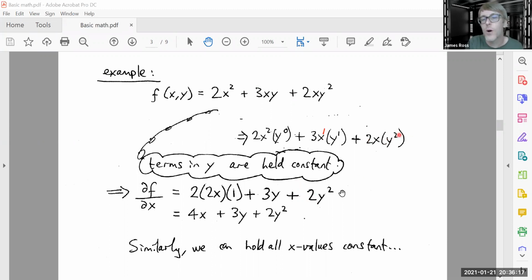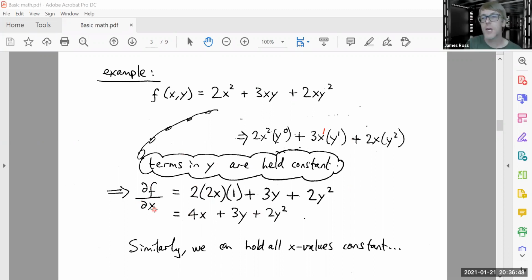And then y squared is just written because I've held all my y terms constant. So 2 multiplied by 2 is 4, so I've got 4x, 3y, 2y squared. So this is the partial derivative of the function with respect to x while keeping all y terms constant.